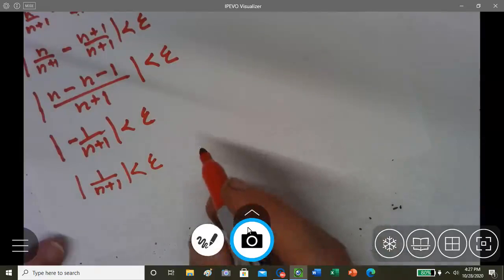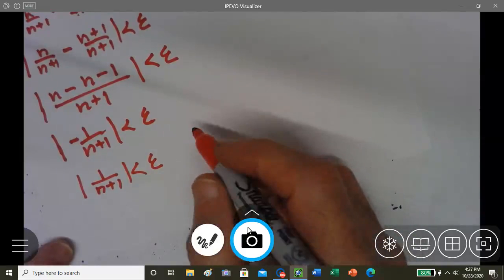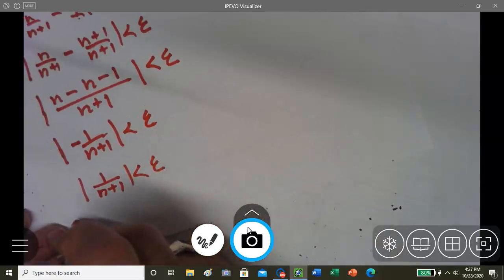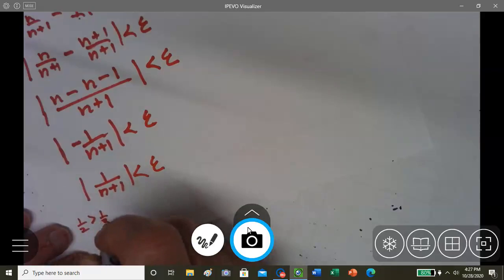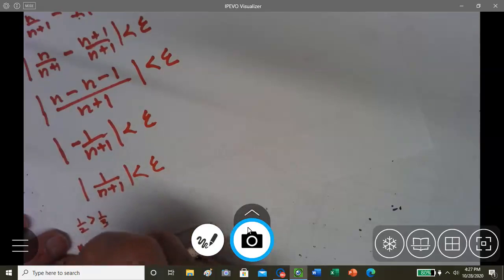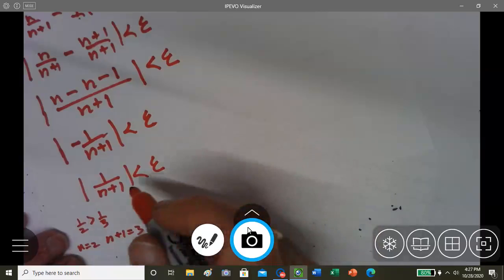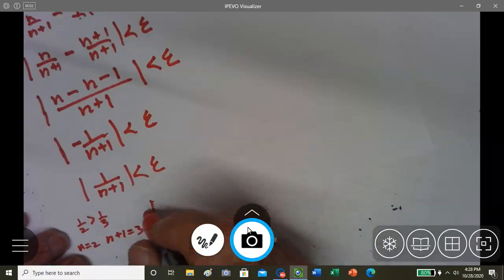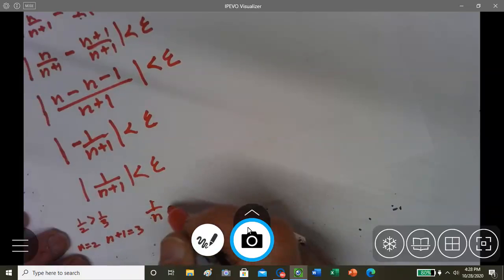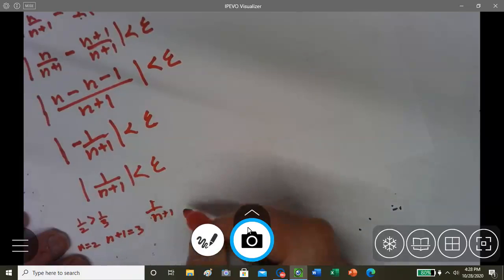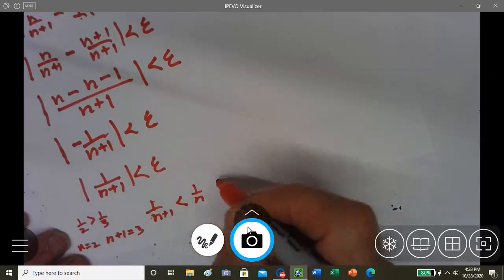We know that with fractions, 1/2 is larger than 1/3. So if n were 2, then n plus 1 would be 3. So therefore, 1 over n plus 1 is smaller than 1 over n.